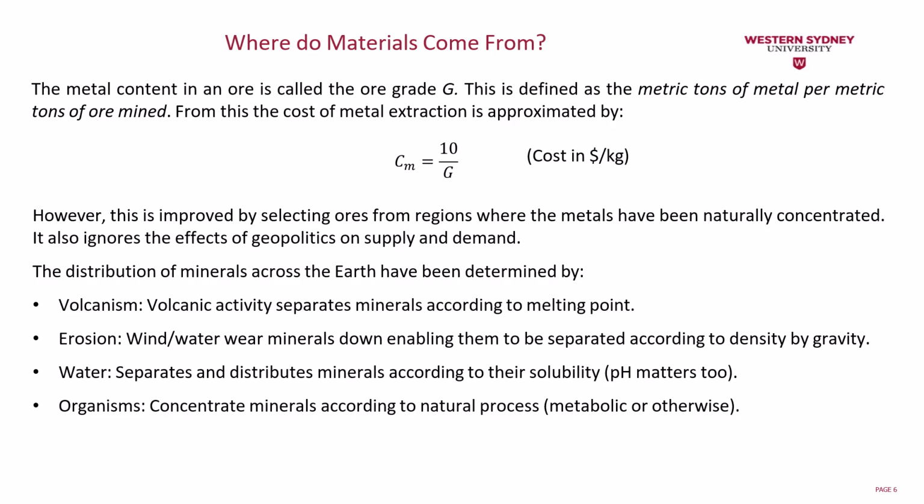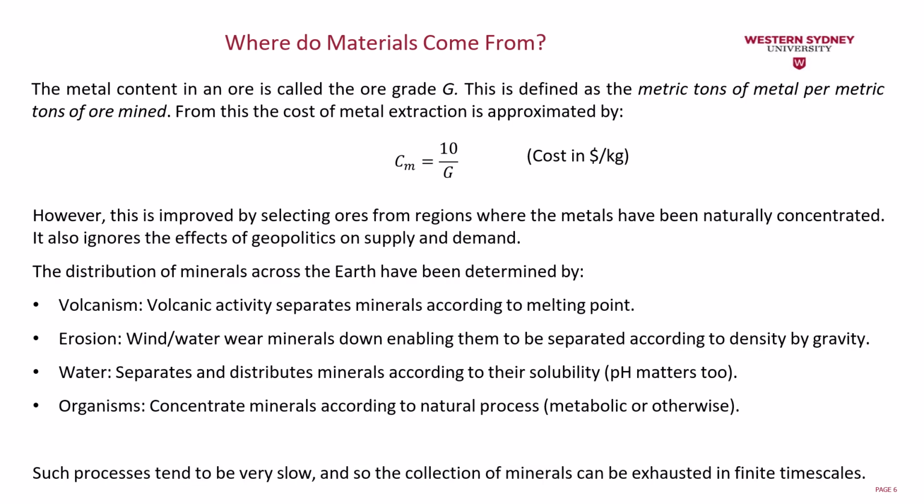And we have organisms that concentrate minerals through natural processes like metabolic or otherwise. Such processes tend to be very slow, and so the collection of minerals can be exhausted in finite timescales.